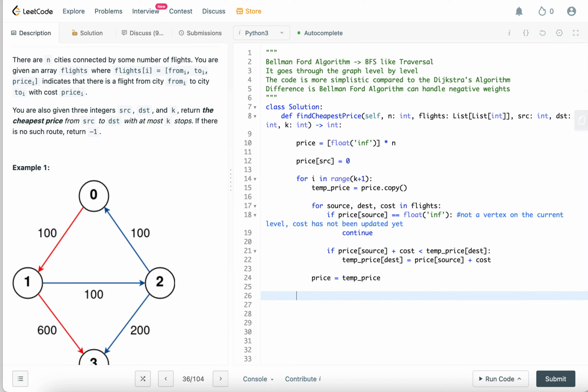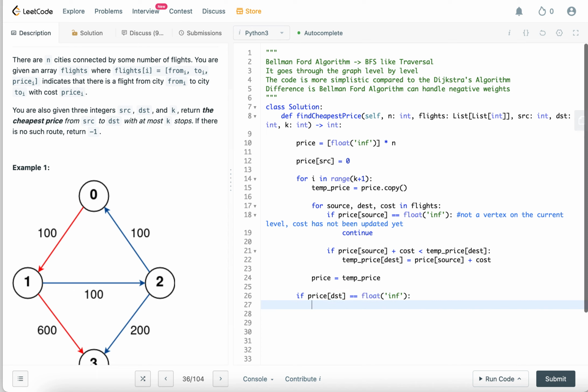And in the end, by the end of the loop, there could be situations where there is no such path, then we just return -1. So we want to check what's the case when there's no path. It's when our price of dst, which is the final destination that we want to go to, is still float infinity.